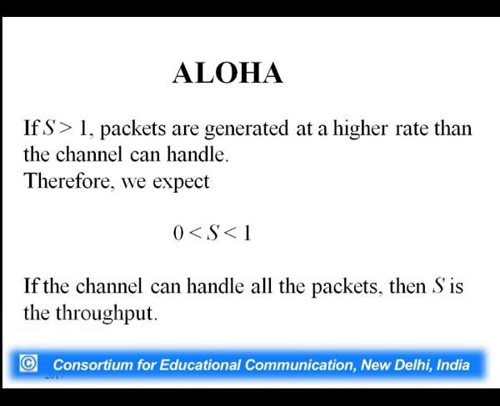Now, if s is greater than 1, that means packets are generated at a higher rate than the channel can handle. Therefore, s must be between 0 and 1. It cannot exceed 1. That is, the average number of packets generated can be no more than 1. That 1 does not mean 1 packet; it means the maximum ceiling in terms of a normalized factor.